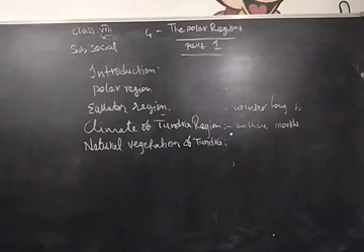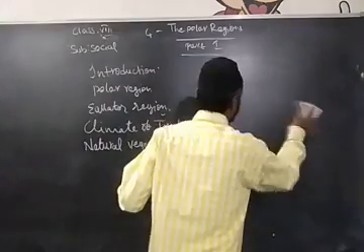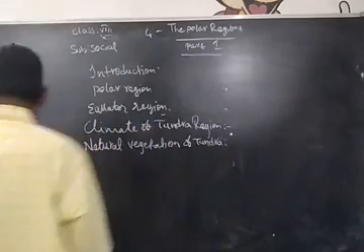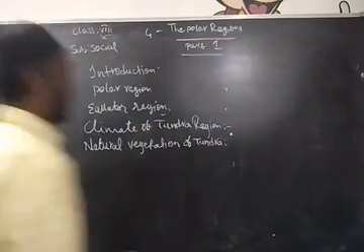Next, natural vegetation. Natural vegetation means what plants we can see in the Tundra region.